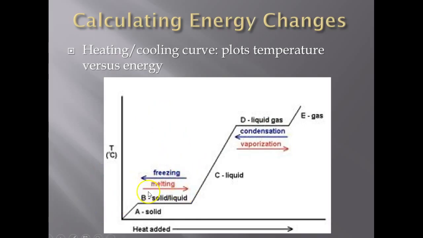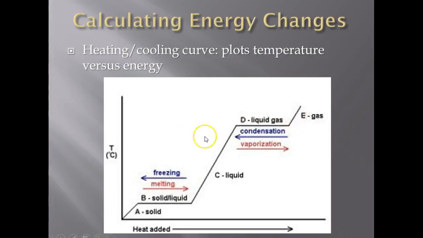So phase change, freezing or melting depending on which way you're going, you have both solid and liquid phases present here. Section C, it's all liquid because you're heating it up to here, which is the boiling point. And then as you add the energy, you've got both the liquid and gaseous phases, and there should have been a little slash there. So it's liquid and gas in section D until you get to the corner where it's all gas.